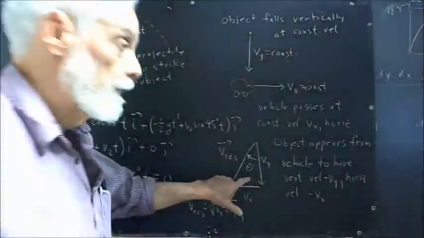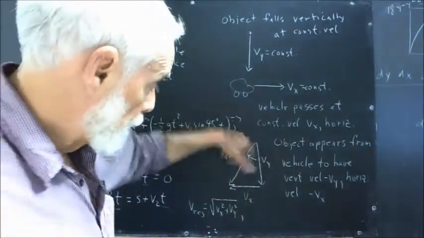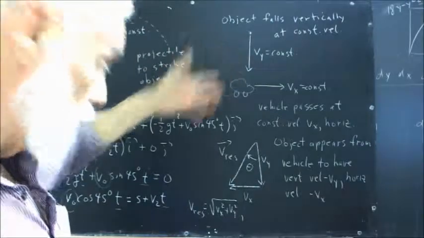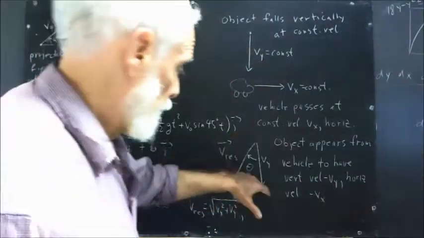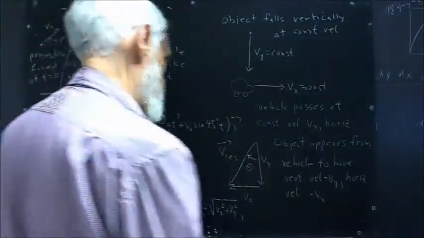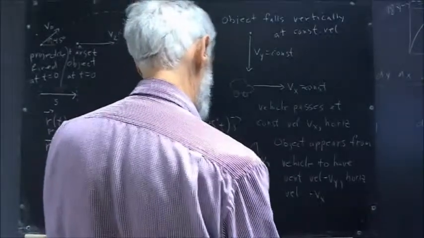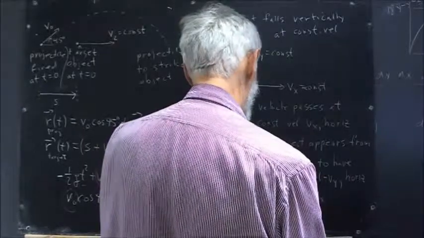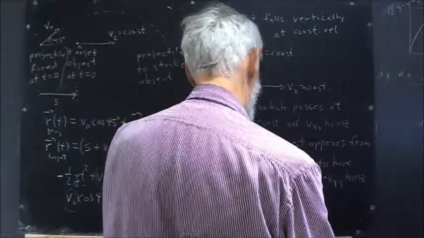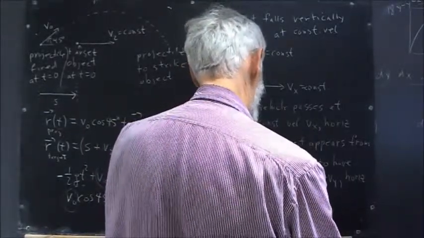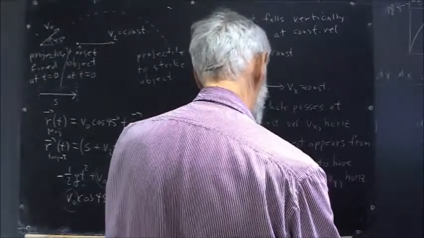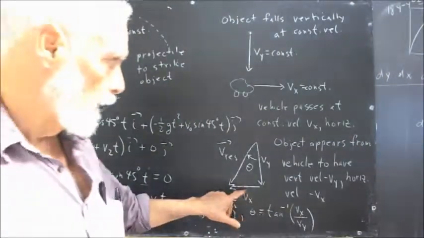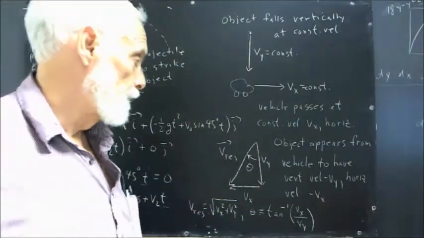Now theta in this case is not measured from the positive x-axis in the counterclockwise direction. Theta is just the angle within this triangle. So this angle theta that I've drawn here is the inverse tangent of Vx over Vy, the opposite side over the adjacent side.